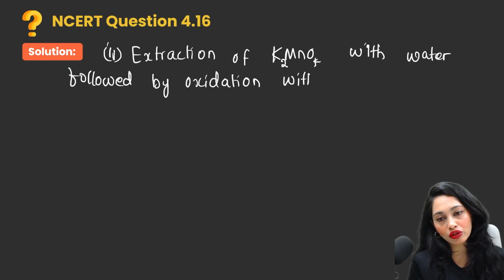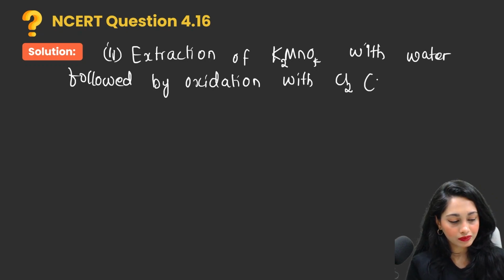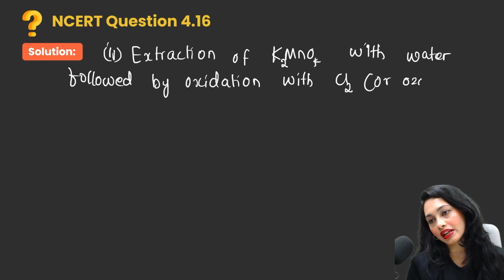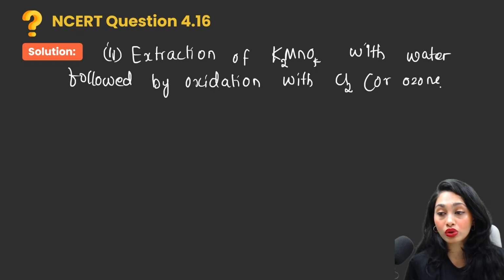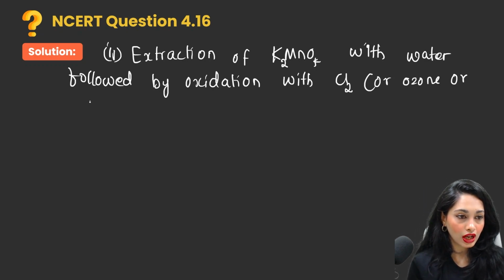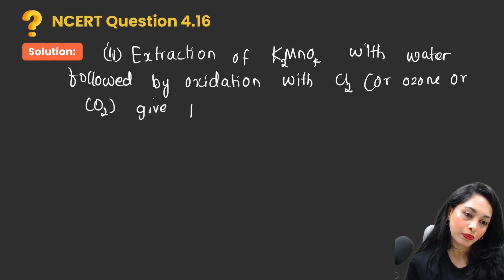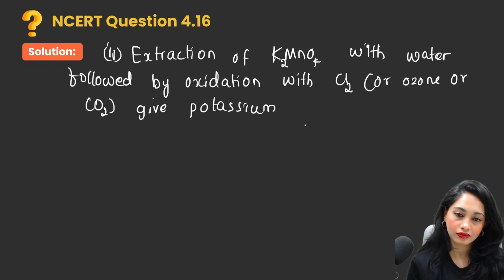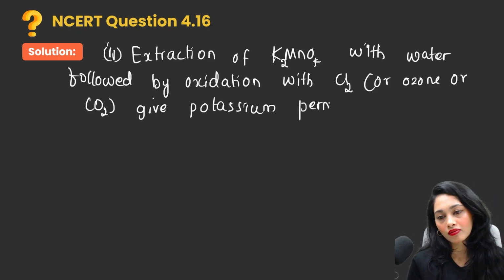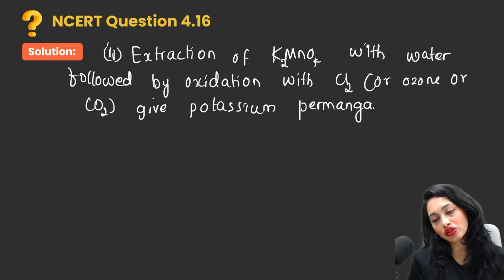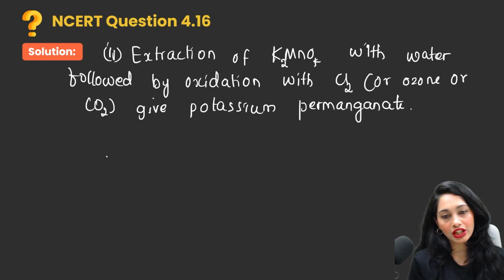Chlorine is a very good oxidizing agent. Or we can use ozone, O3, or carbon dioxide as well. That gives potassium permanganate. Simple. So in just 2 steps we obtain potassium permanganate.